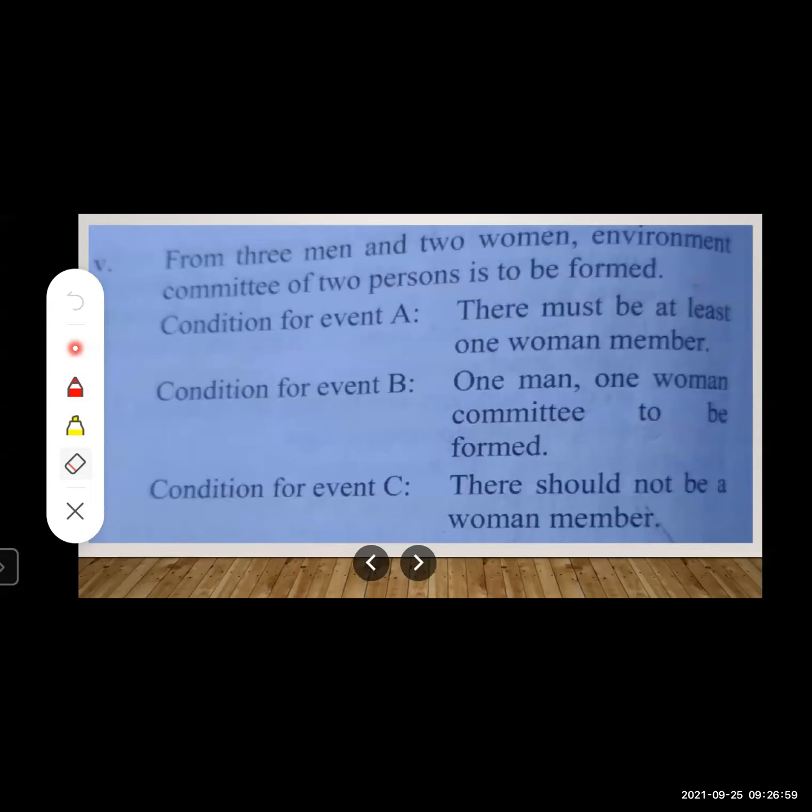See, 3 men are given, M1, M2, M3, and the women given are 2, that is W1 and W2. And what we have to form? We have to form an environment committee of 2 persons, right?